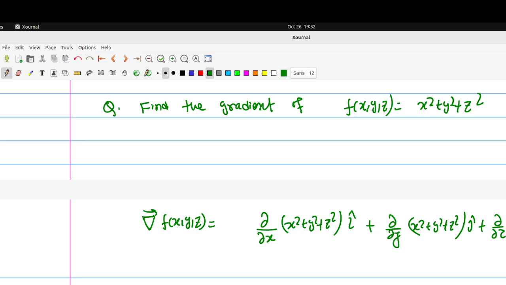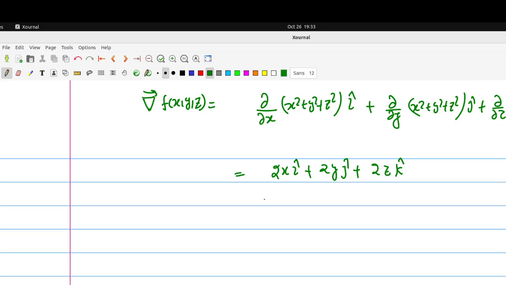Do the partial derivatives and you will get 2x i cap, 2y j cap, 2z k cap. Okay, that's it. It depends on the value of x, y, z. If somebody asks what is the gradient of this function at this location, first we find the derivative, then we put in the values of x, y, z.